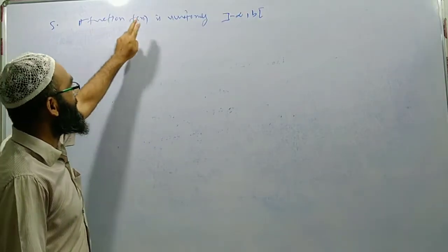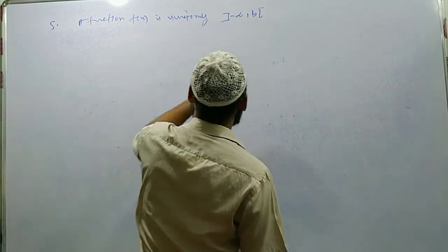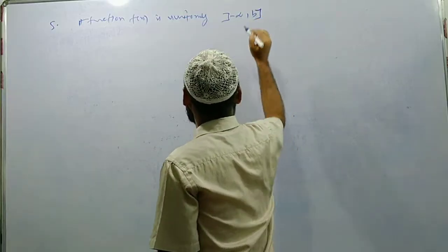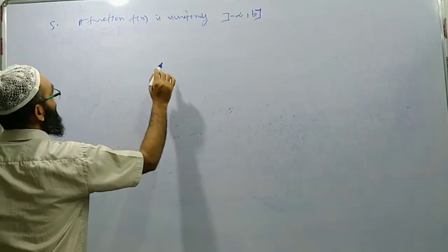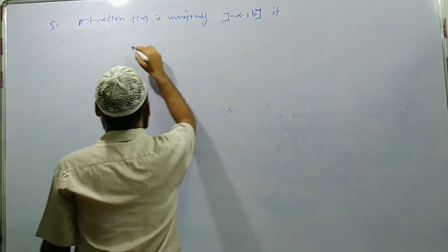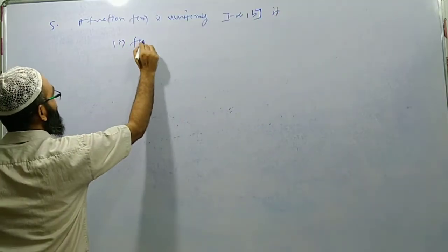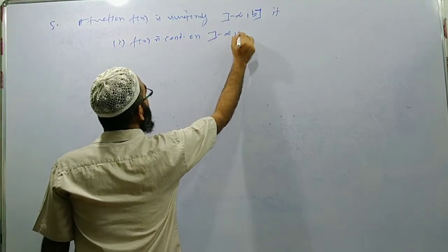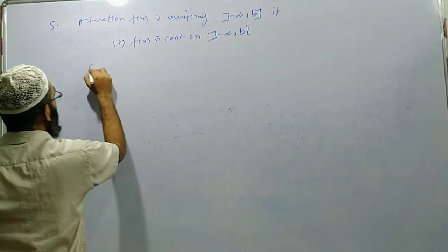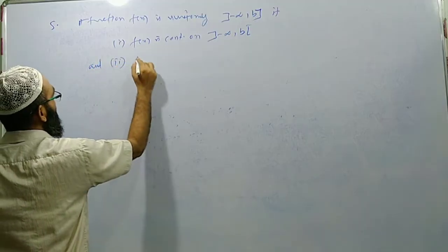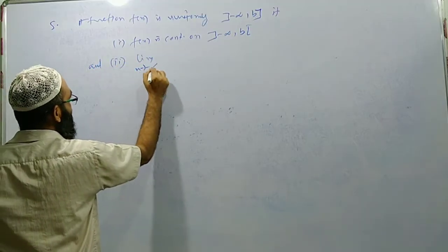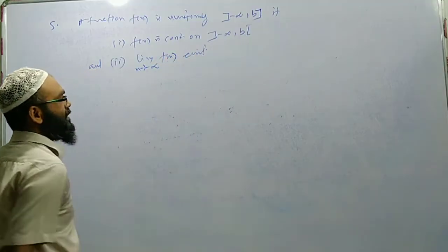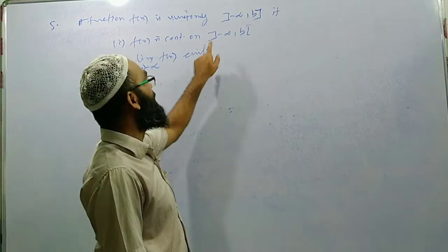If a function f(x) is uniformly continuous on this interval, b can be a closed point, if condition number 1: f(x) is continuous on (minus infinity, b], and condition number 2: the limit as x tends to minus infinity of f(x) exists.